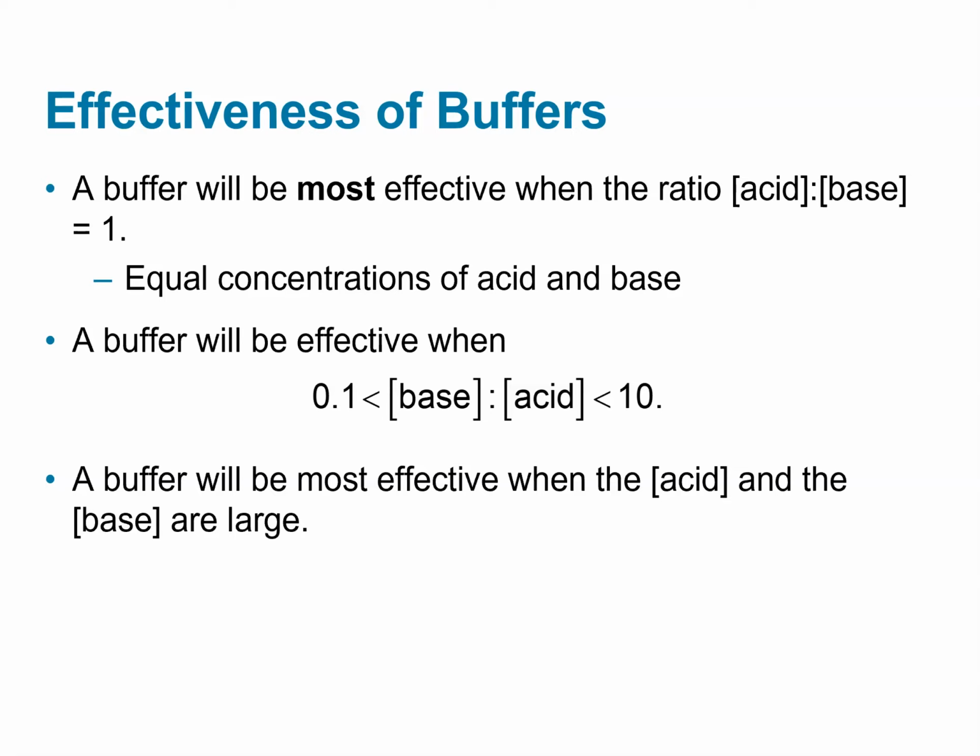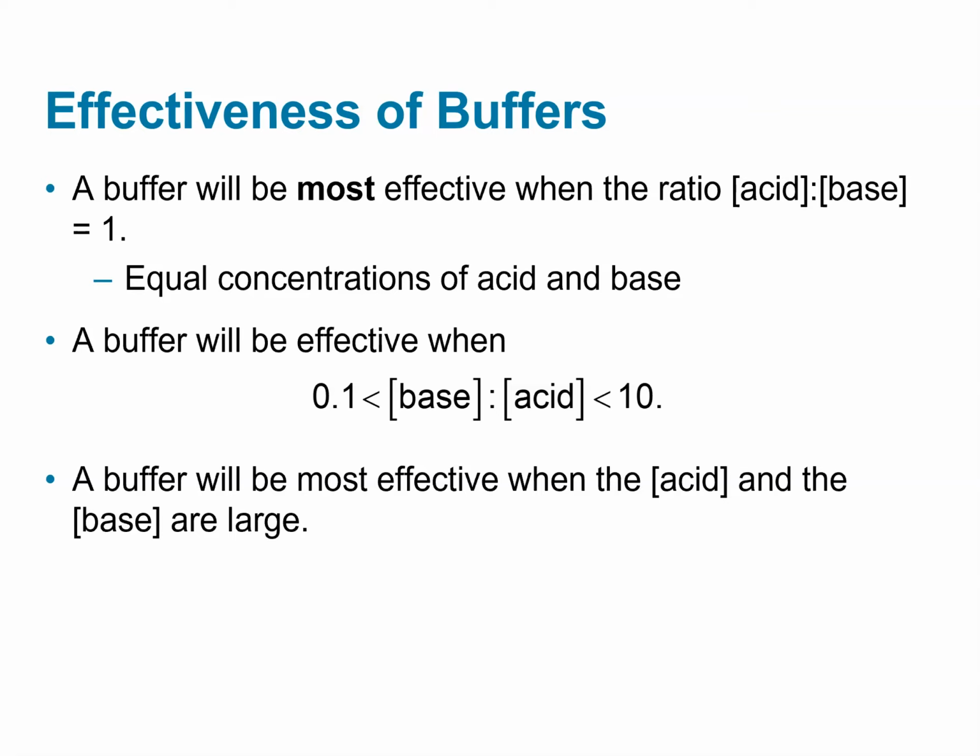So if you're adding acid into a weak acid buffering system and you're consuming the conjugate base progressively, you're going to start to drive up your concentration of weak acid, and you're going to be depleting your concentration of conjugate base.